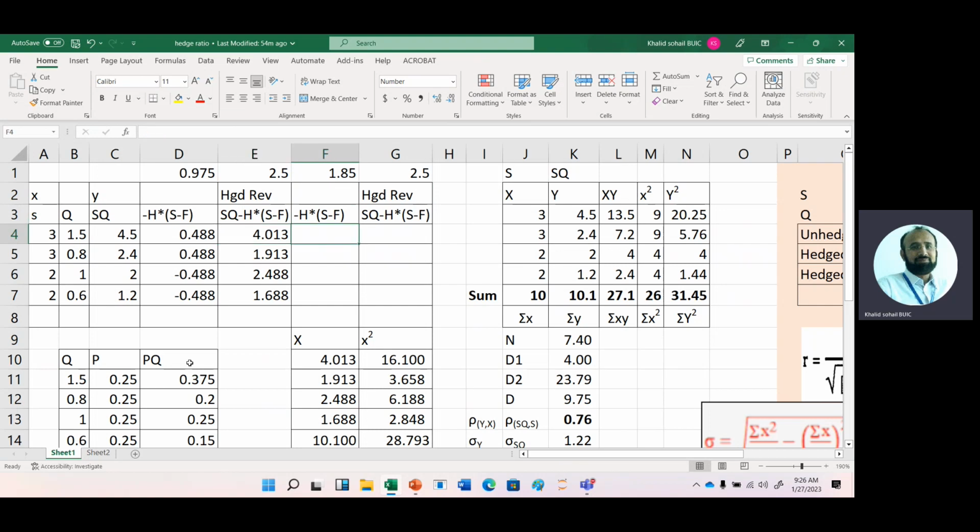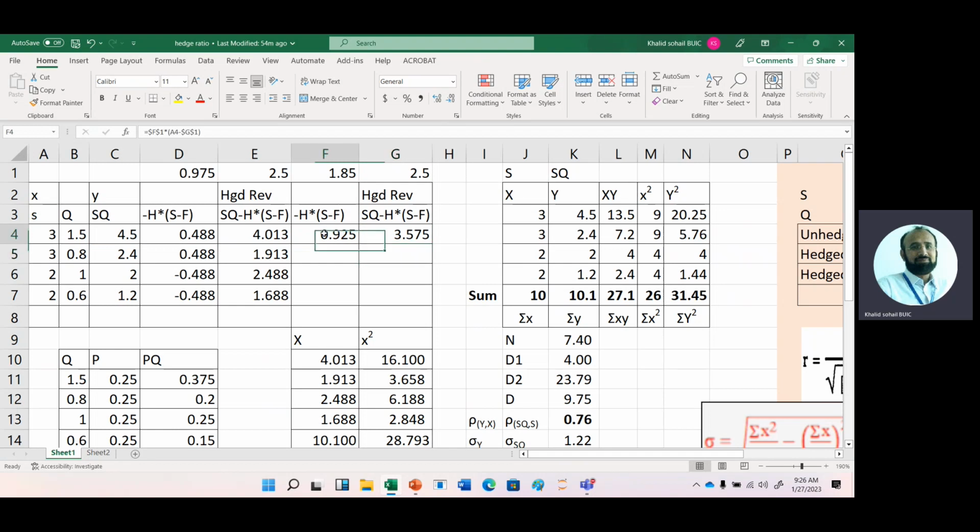So again, we will repeat the calculation, and after calculating the hedge ratio, we use 1.85 million contracts as a hedge that comes from the hedge ratio. So here again, we have this H, just fix it, multiplied by S minus forward price of 2.5, and then SQ, here we have already calculated SQ, that is unhedged revenue minus this hedged revenue with the number of contracts, and just copy it down.